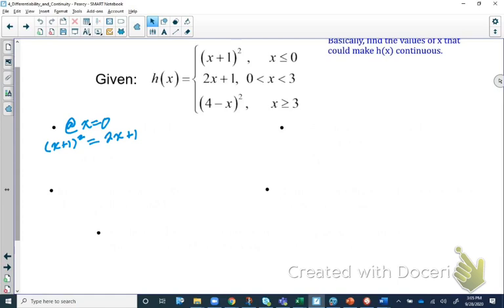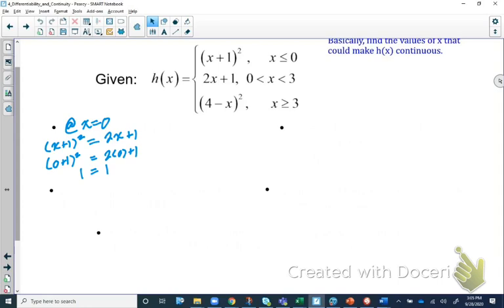Of course, one includes 0 and one doesn't, but they're still going there. So I'm going to say 0 plus 1 squared equals 2 times 0 plus 1. On the left side, 1 plus 0 is 1, and 1 squared is 1. And on the right side, 2 times 0 plus 1 is 1. So the left and right sides at 0 match. They both give you a 1.